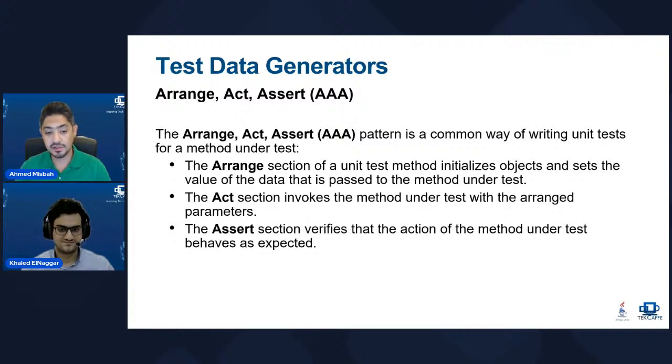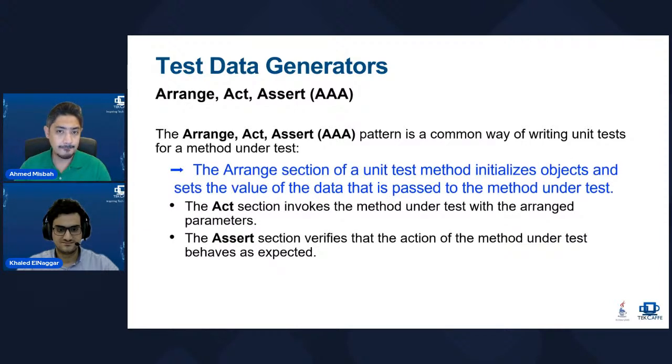And then in the assert section, you verify that the action that you have exercised in the act section makes the software under test behave as expected. So arrange, act, assert. So we use test data generators usually in the arrange section.